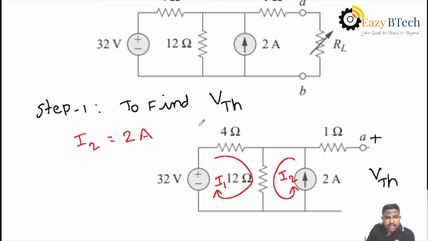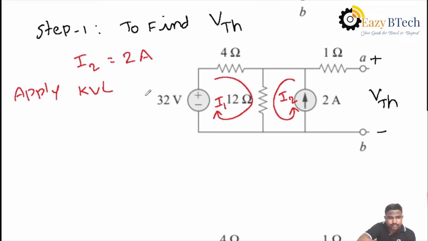Then simply apply KVL to the first loop. That is mesh analysis: apply KVL to only the first loop. Then 4 plus 12, times I1.